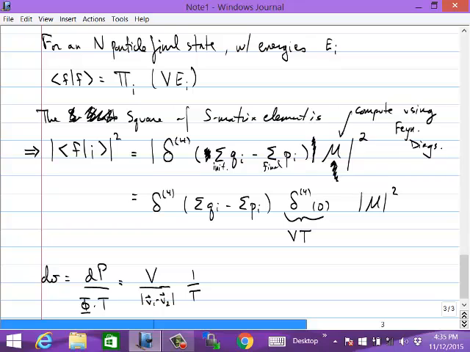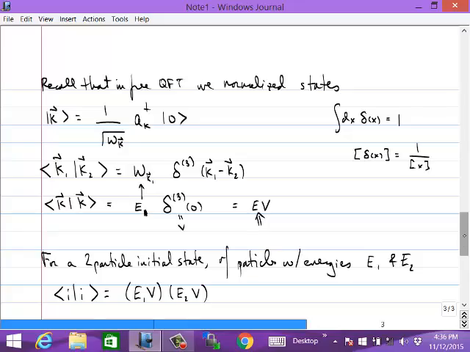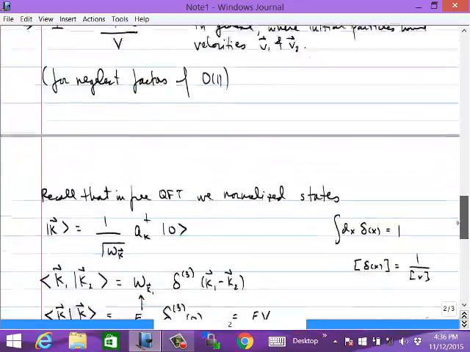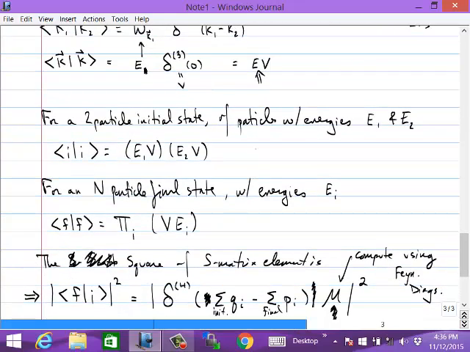What is that transition probability? Well, you get VT times this matrix element M squared times a momentum conserving delta function, the sum of Qi minus the sum of Pi's. Then we had to divide out by these normalization factors, the norms of the initial and final states, which we computed here.